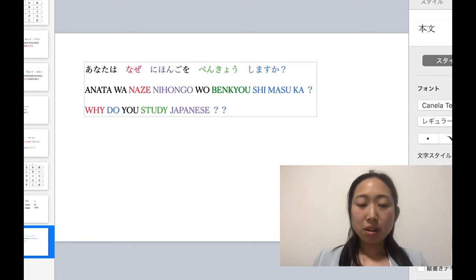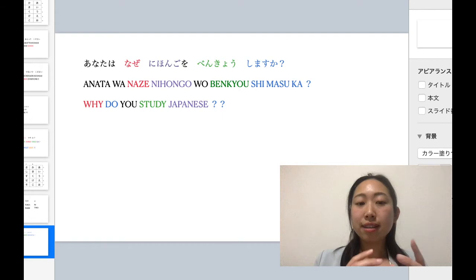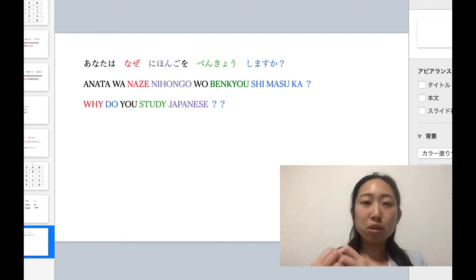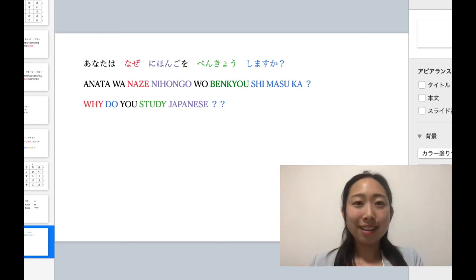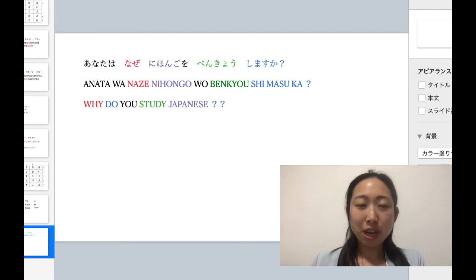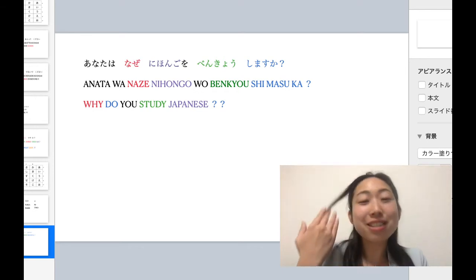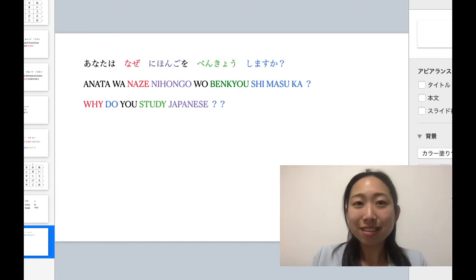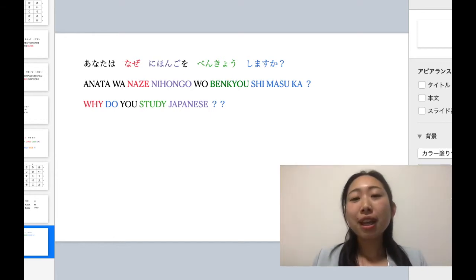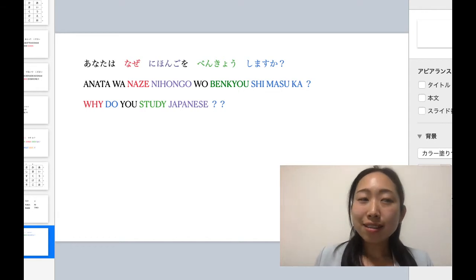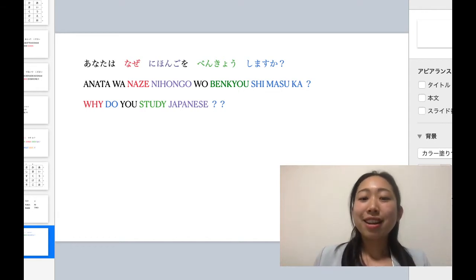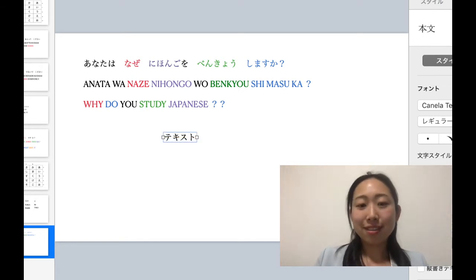So, with why, なぜ, I want you to learn から. It means because. Because, when you are asked why, you always need to answer because. Because the one is asking you the reason. So let's use から, because, and then make your answer.